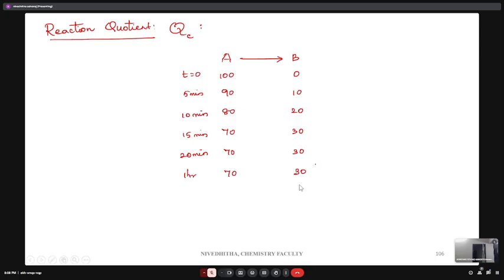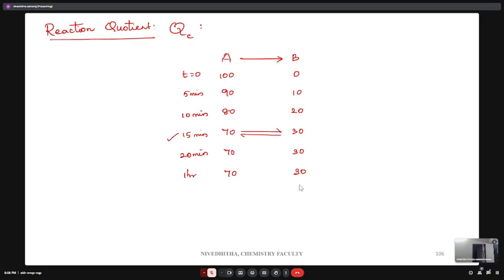So what we can understand is at 15th minute, system attains its equilibrium, right? At 15th minute, equilibrium was attained. But before 15 minutes, from 0th minute to 14 minutes, what happened? Reaction was occurring in the forward direction only, right?